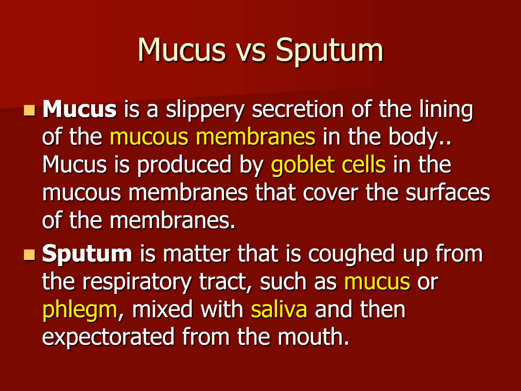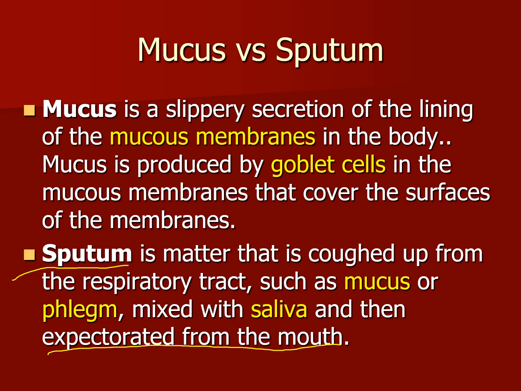Sputum, however, is the stuff that's coughed up from the respiratory tract. Now, this has been termed mucus or phlegm, and it's mixed with saliva, and then it's expectorated from the mouth. So sputum is actually a German word that means from the mouth, right? And correct me if I'm wrong, but that's what I've been told, actually.